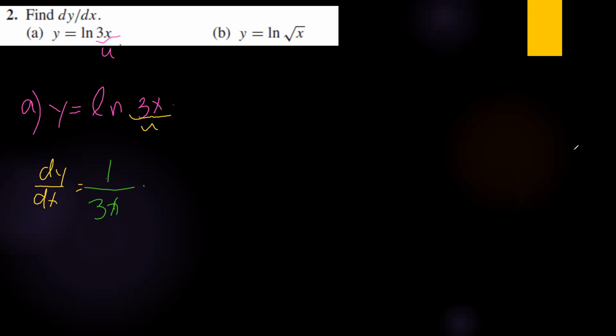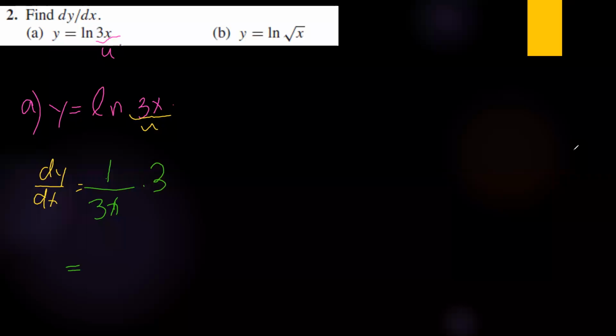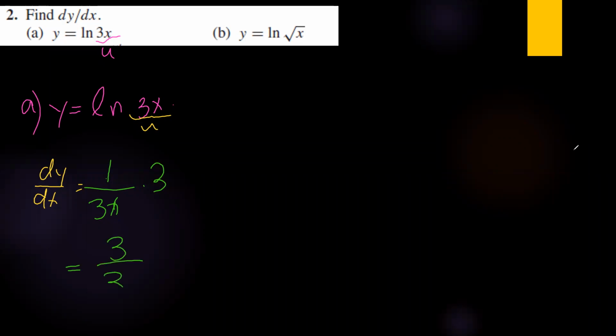What is the derivative of 3x? Yes, 3. Thank you. So it's 3 over 3x, or 1 over x. So the derivative of ln of 3x is 1 over x.